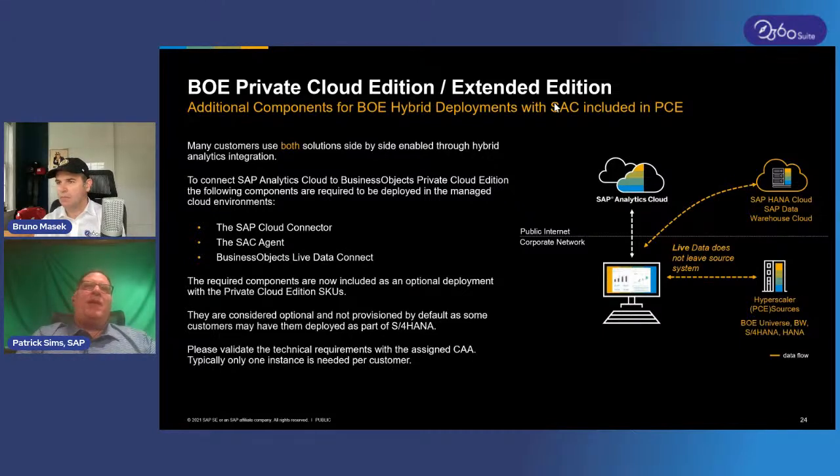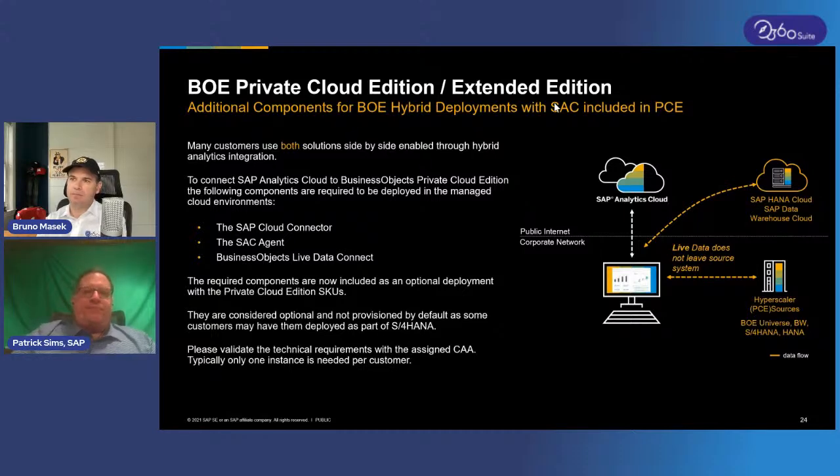There are people who have been intrigued by the hybrid stance for at least a year or so, but they didn't necessarily want to handle it themselves. So now a move to PCE lets them focus on the BobJ side, lets us handle the underpinnings of how to connect to SAC, and lets the customer focus on the business user end perspective of SAC instead of having to worry about even configuring these 3 pieces. So I think that's another advantage to move to PCE for some.